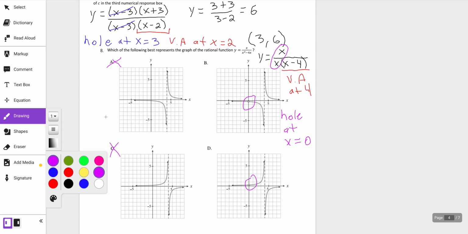Both of them are at x equals 0. To know which one is correct, I need to test that hole. So I go to my function, I have 1 over x minus 4. I change x to be 0, that's 1 over negative 4. That means my hole will be at 0, negative 1 over 4. That is B, not D. D is at positive 1 over 4.